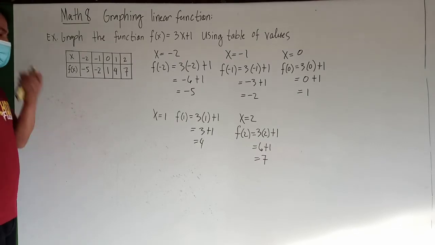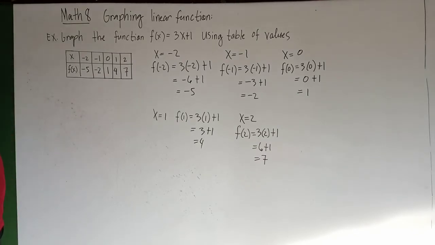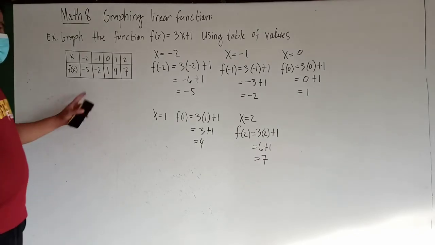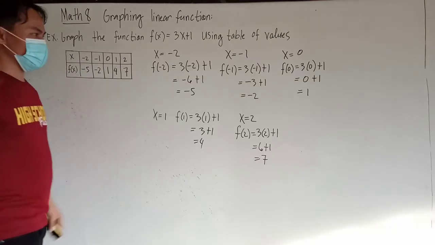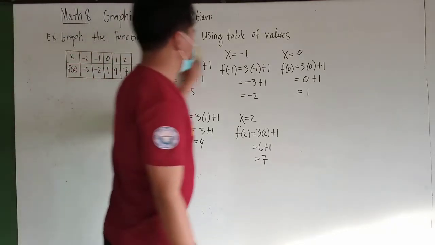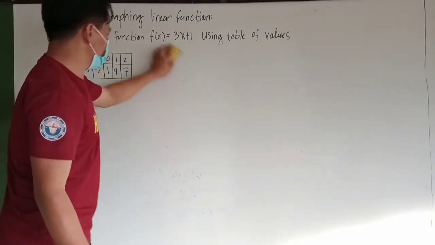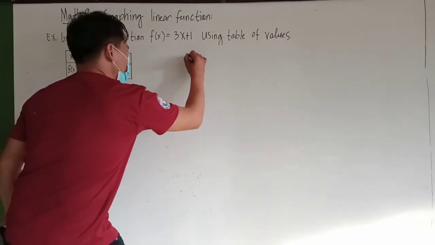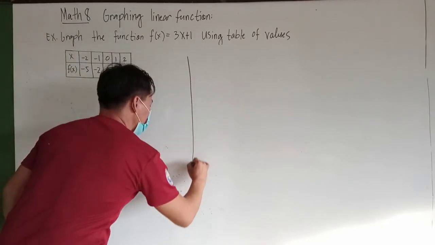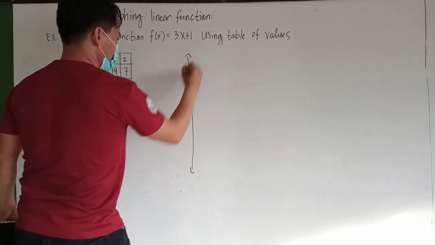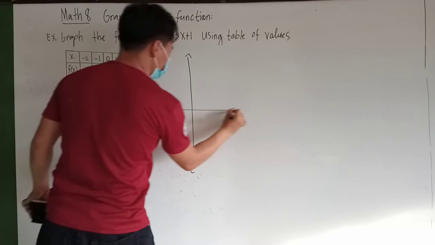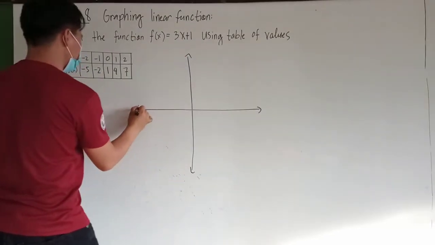After that, we can now draw a rectangular coordinate plane using this given information. Using the rectangular coordinate plane, this one is for the y-axis, and this one is for the x-axis.